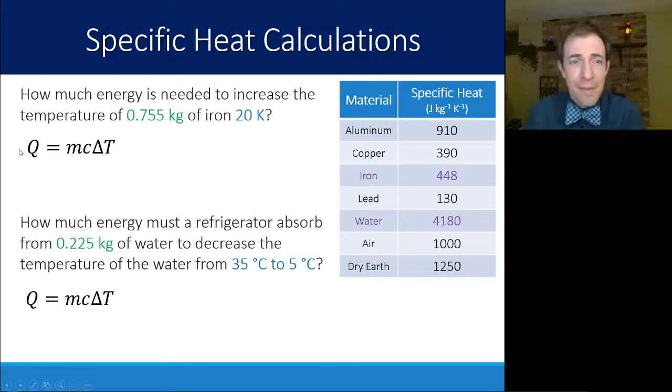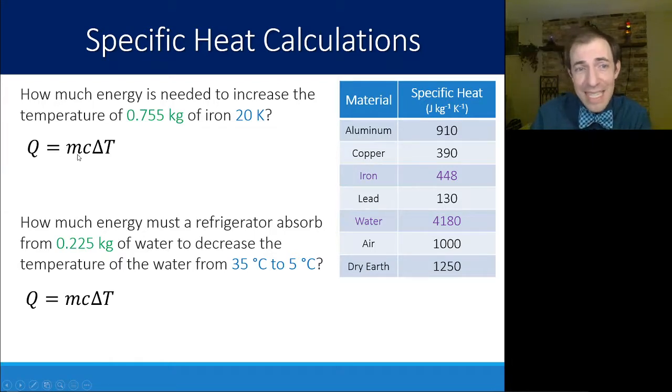So looking at a couple examples, if we want to solve how much energy is needed to increase the temperature of 0.755 kilograms of iron by 20 degrees Kelvin, we first need to figure out what the specific heat of iron is.